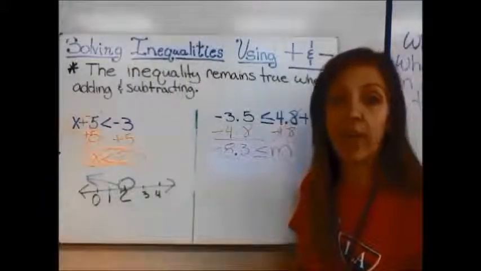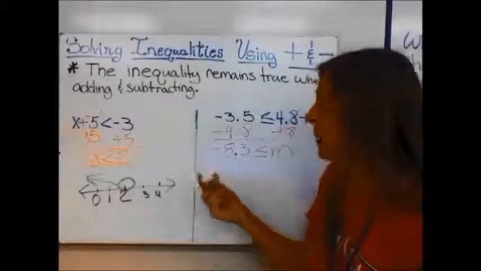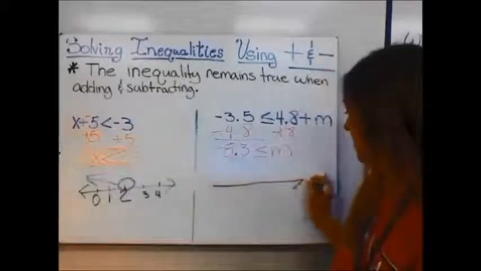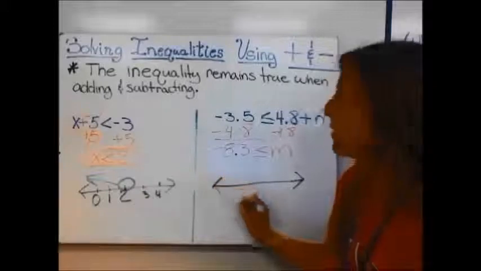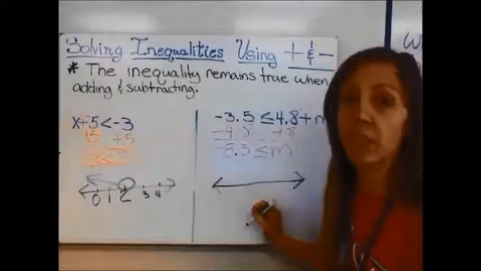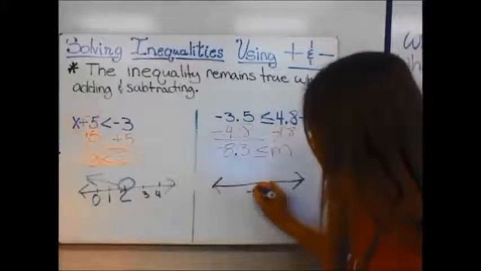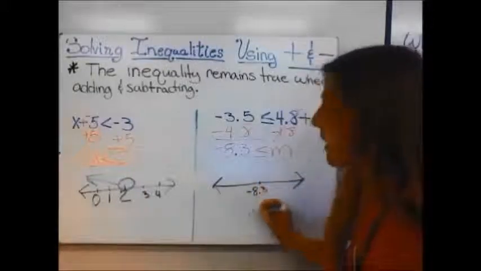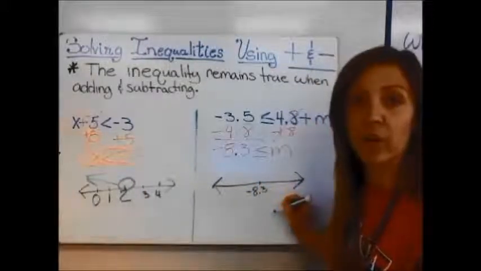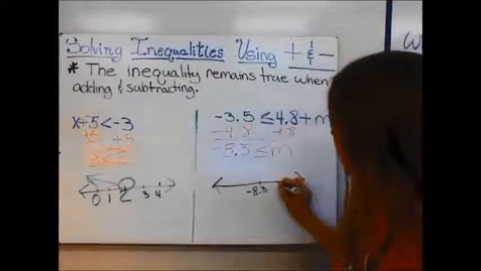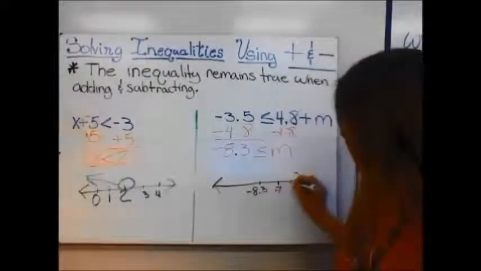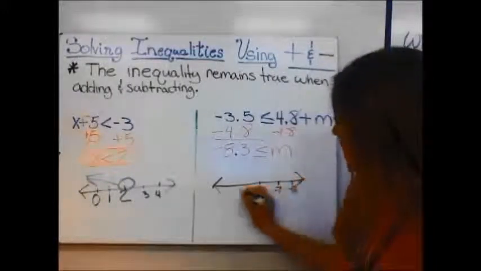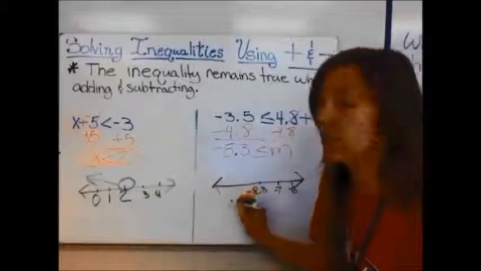Now, I'm going to graph this. I'm going to draw my number line. I'm going to put negative 8 3/10 on the number line. And to the right, I'm going to draw numbers that are greater than negative 8 3/10, and to the left, numbers that are less.